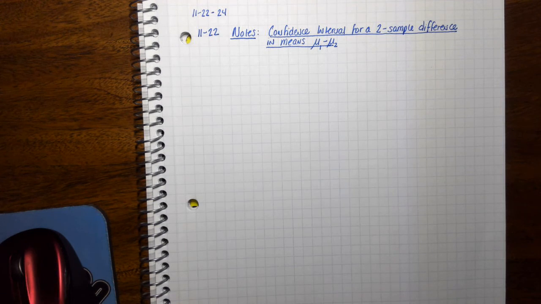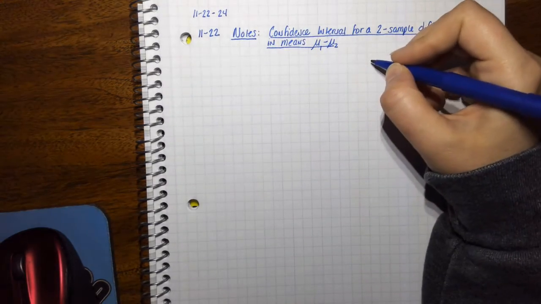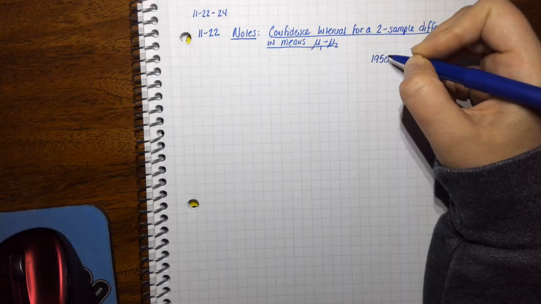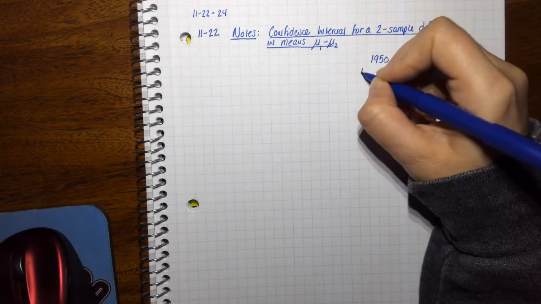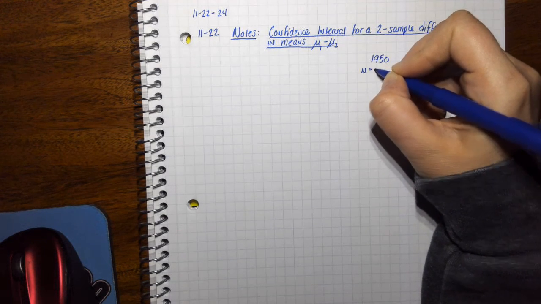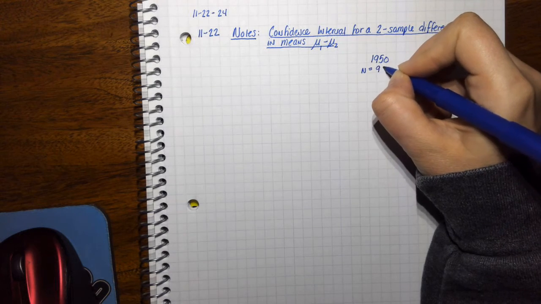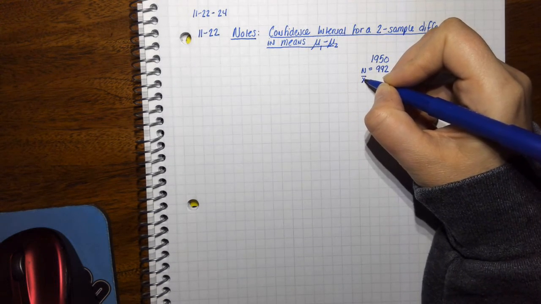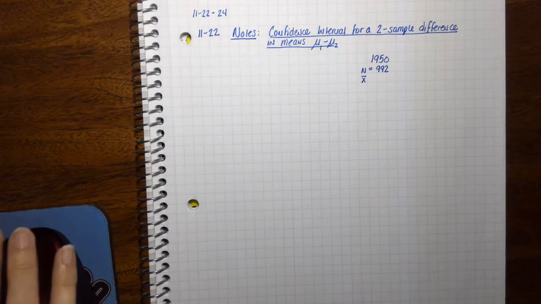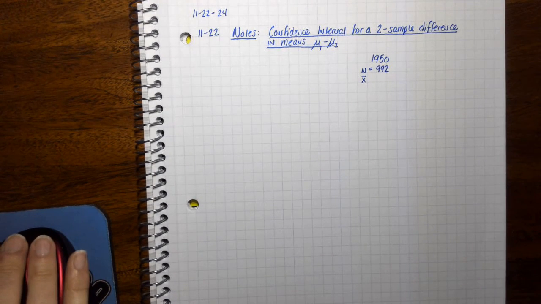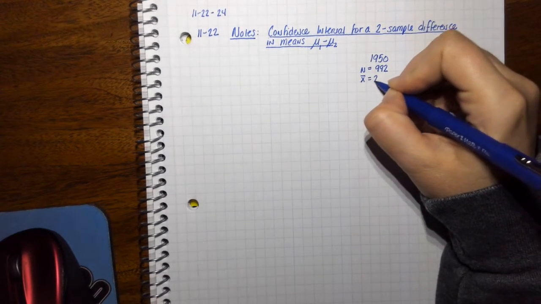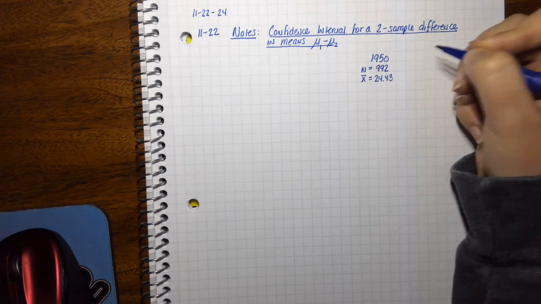What we are going to do is write down the summary statistics over here. In 1950, the sample size was 992. Sample mean was 24.43. That's pretty young.